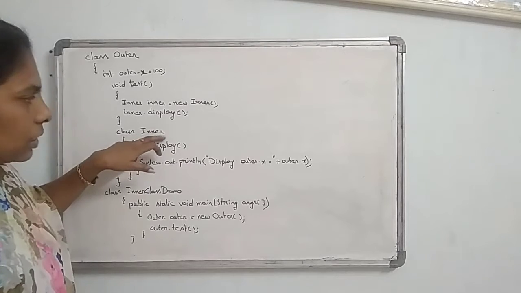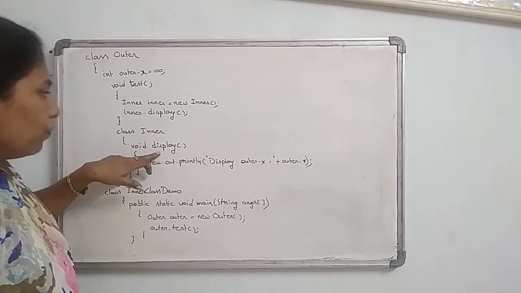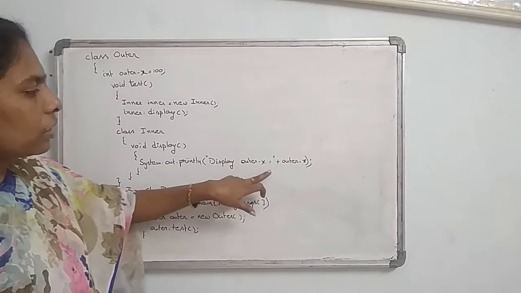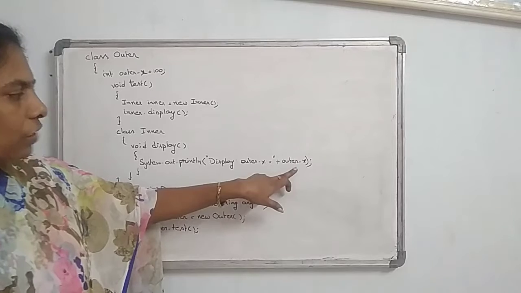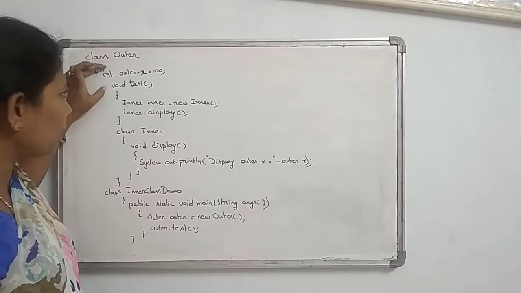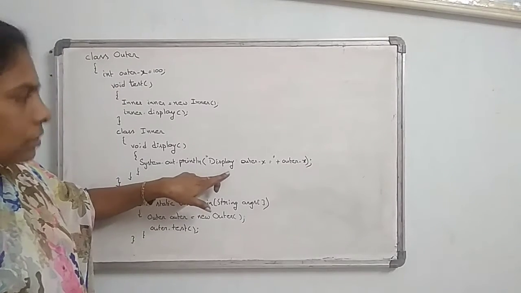I am creating another class, Inner, in which I display the value, using System.out.println to print outer_x. So the instance variable of the outer class is printed in the inner class.